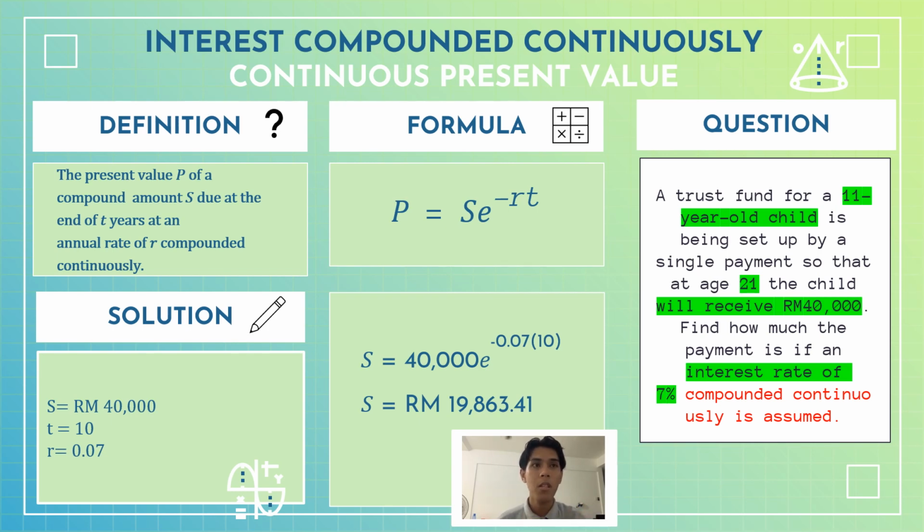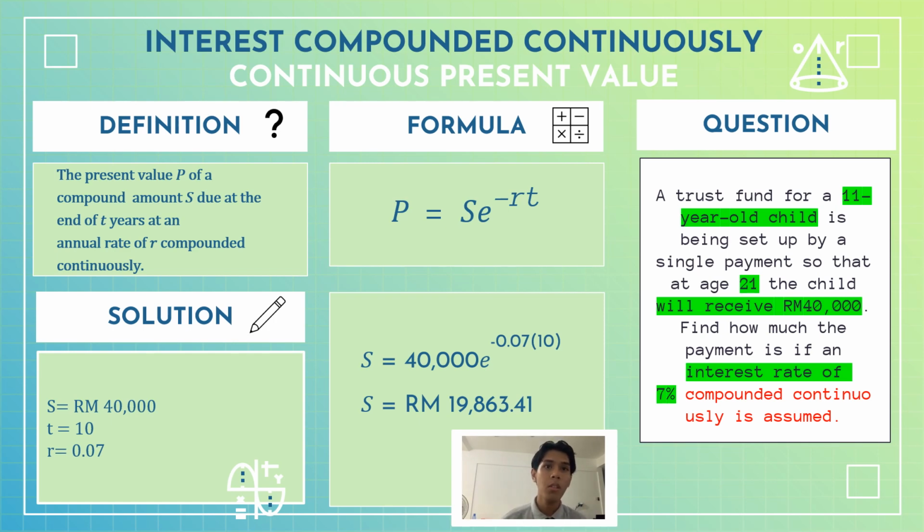The sample question is a trust fund for an 11 year old child is being set up by a single payment so that at age 21, the child will receive RM 40,000. Find how much the payment is if an interest rate of 7% compounded continuously is assumed.